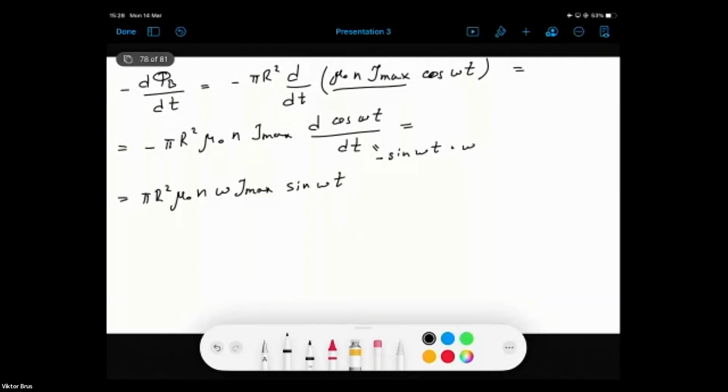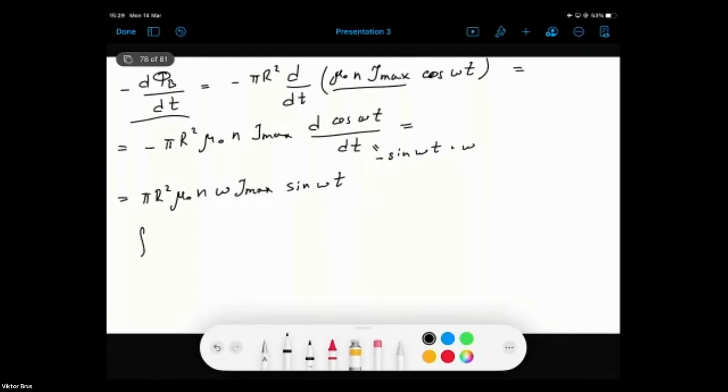So now, when we know the negative first derivative of the magnetic field flux through this dashed closed loop, which we consider around the solenoid with radius r, we can proceed to the next step.